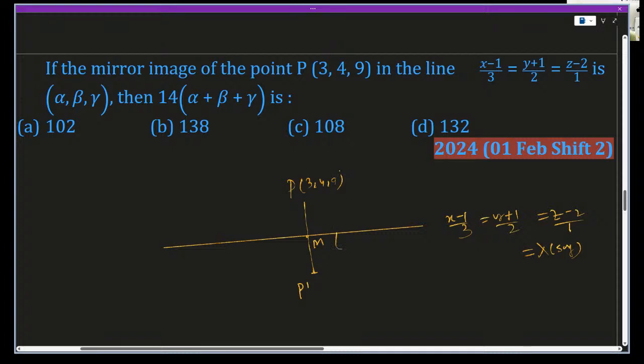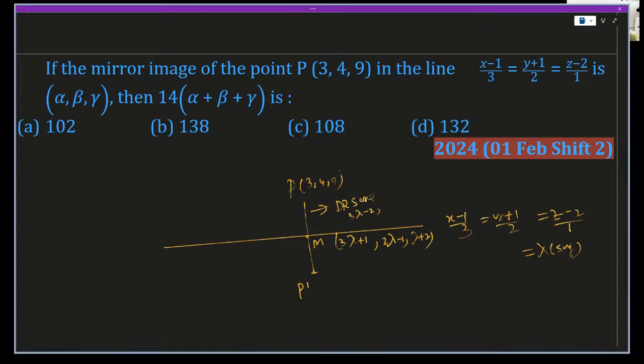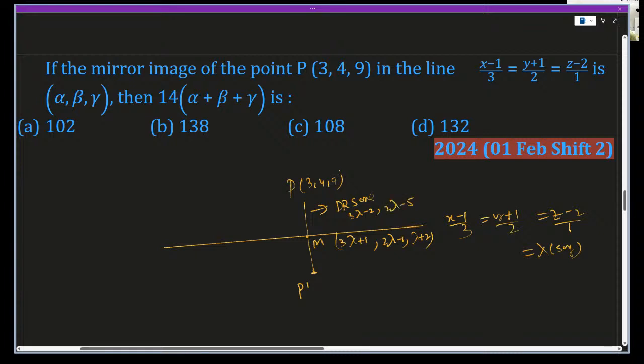I will be using this concept only. So the point N can be taken as, just do it. Isn't it? Now direction ratios of this line will be what? Yes. Lambda minus 7. Now this line PM is perpendicular to the given line. This is the given line.